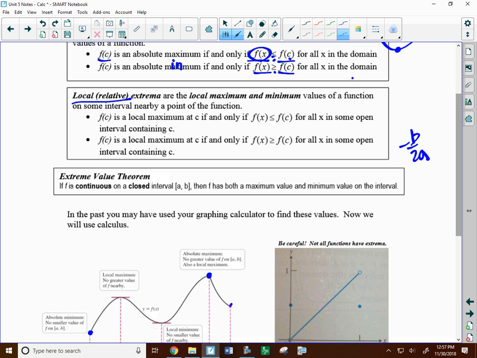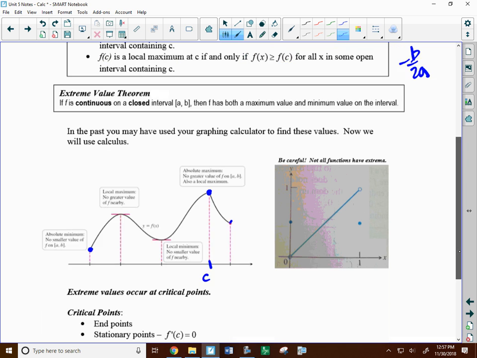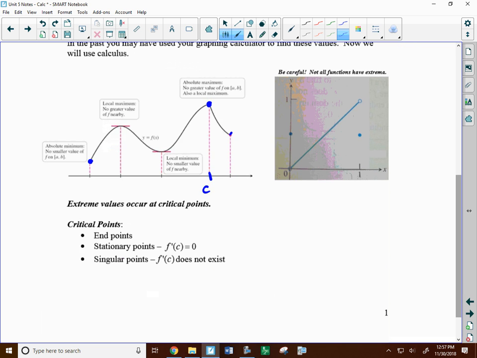Contrast that with relative max and min. Relative is like you have a hill or a valley. Like here's a hill. Right around here, it's certainly a little maximum, but it's not the biggest value. There are many other bigger values over here. So we define it as a local or relative max if it's a maximum on some interval.